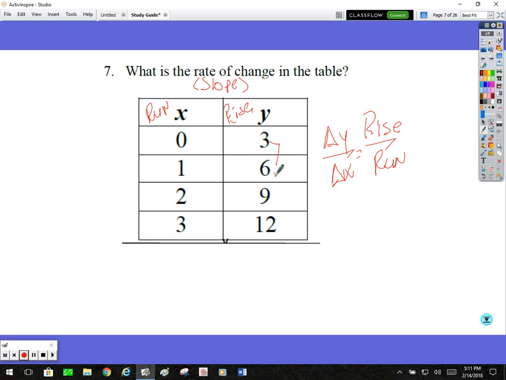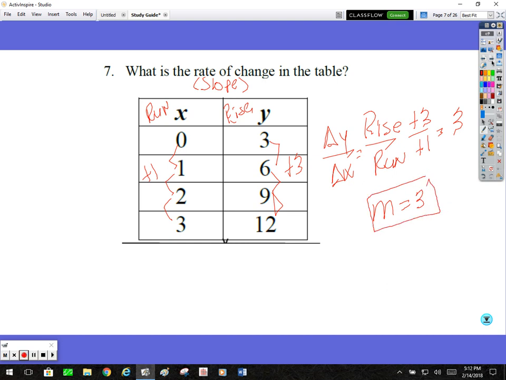So if I go from here to here, each one of these values are adding 3. I'm going up by 3. Each one of my x values are increasing by 1. So my rise is 3, my run is 1. And if I reduce that fraction, it's 3. So the rate of change for this table is 3.